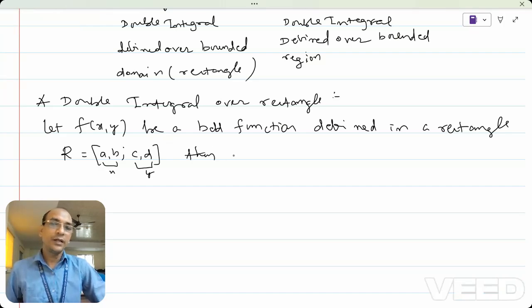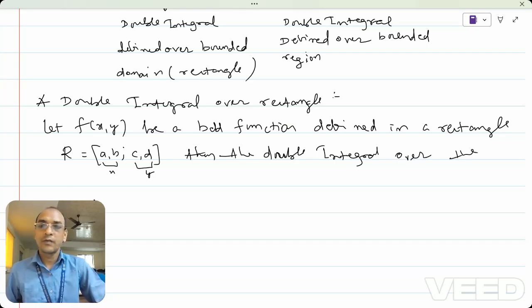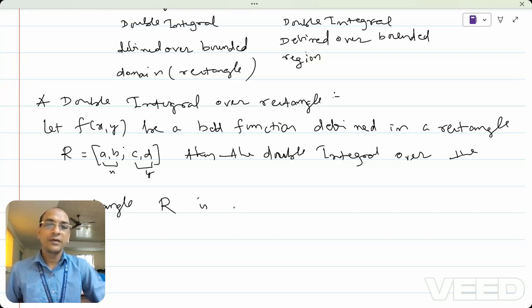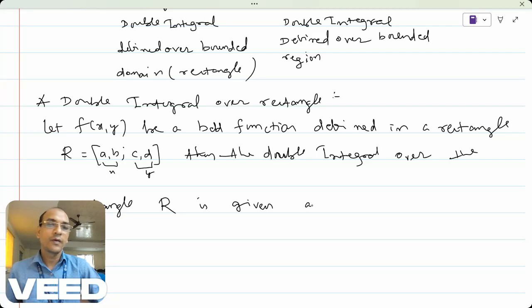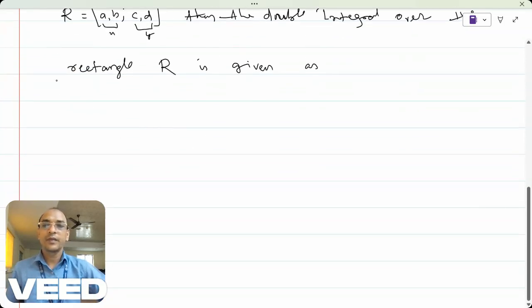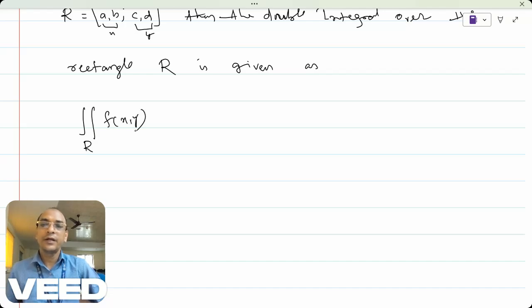So f of x,y be a bounded function defined in a rectangle R, then the double integral over the rectangle R is given as double integration over R of f of x,y dx dy.